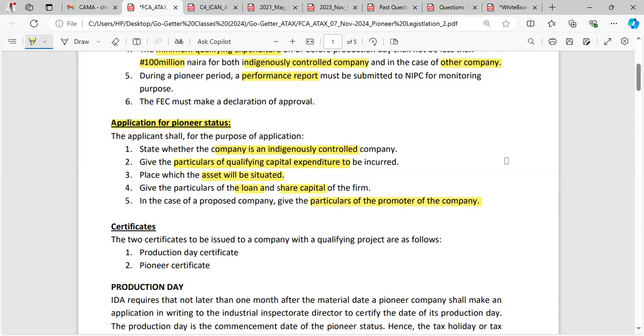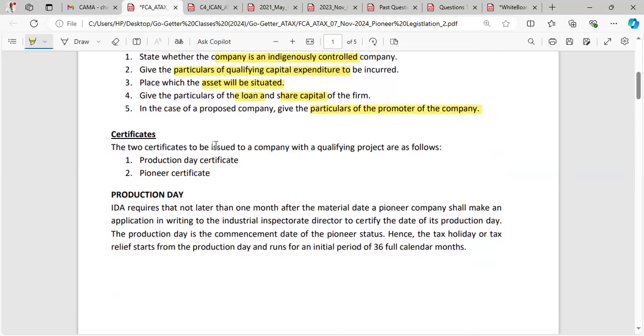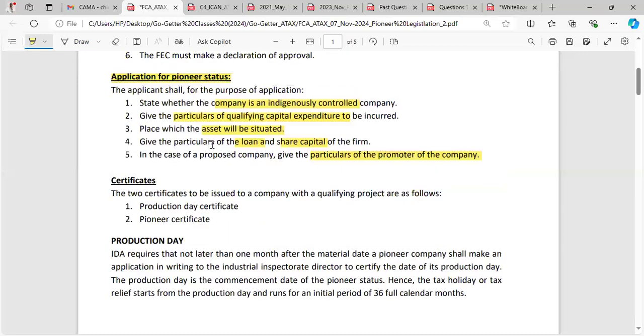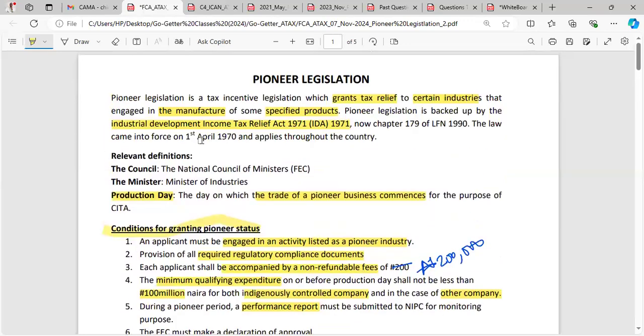So when you apply for pioneer company, this special status called pioneer status, you are given a tax incentive. Like we said in the beginning, it is a tax incentive which grants tax relief for industries that are engaged in some manufacturing of products.